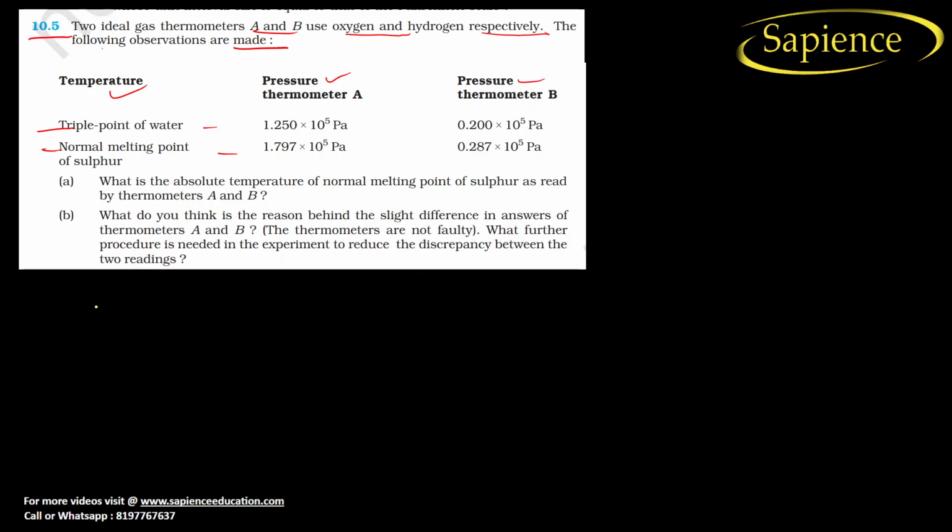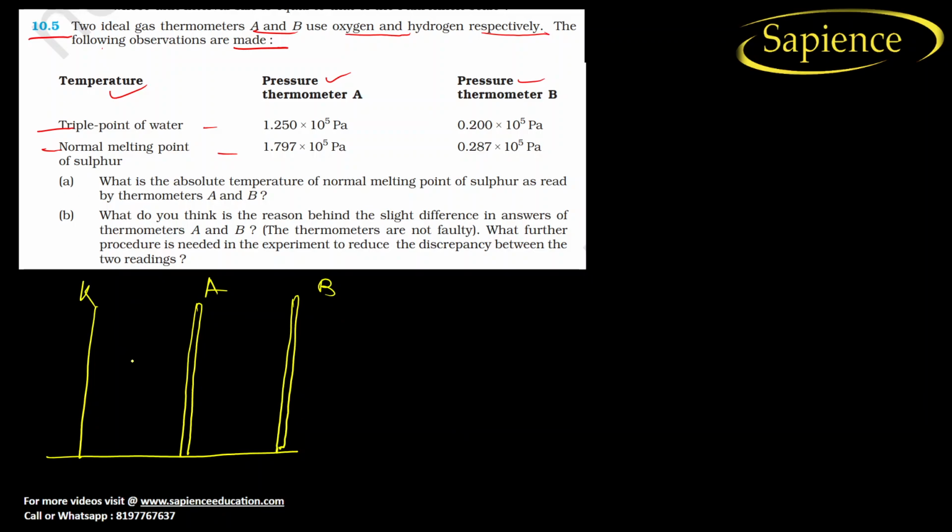So let us draw here. This is the Kelvin scale. This is scale A, and this is scale B. Now zero is your 0 Kelvin, and let us consider the triple point, which is 273.15.